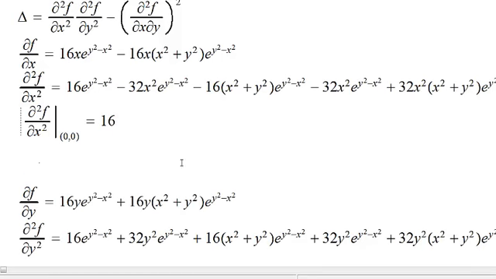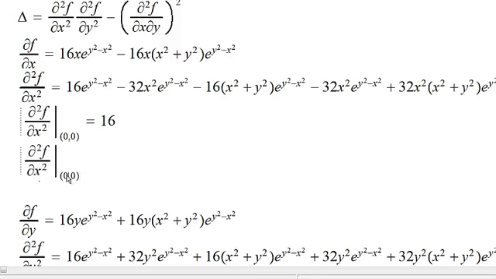Okay. And we will just also do this at 1, 0 also. Yes, go ahead. So what happens to the y? Y is 0, and x square is 1, so that will be e to the 0, right? E to the 0 is how much? 1. So that's why we will simply have 16, right?